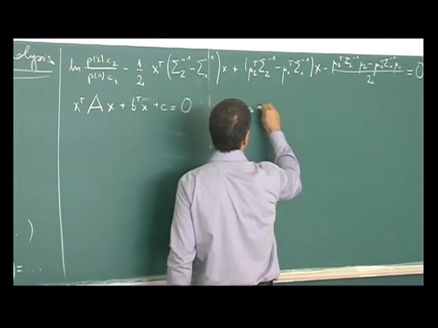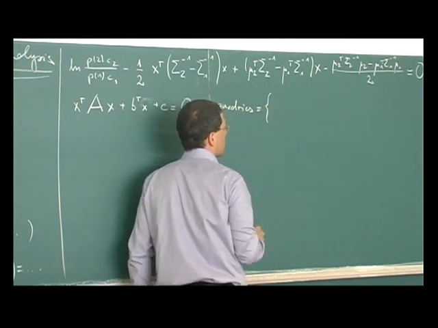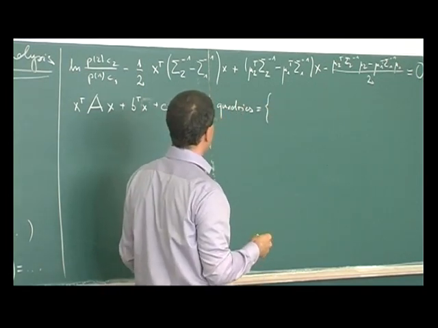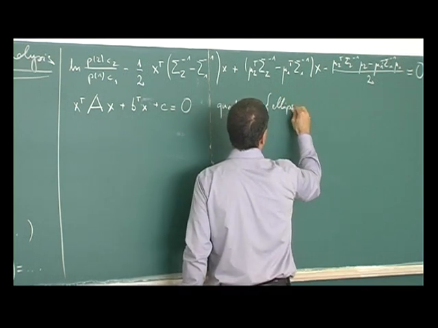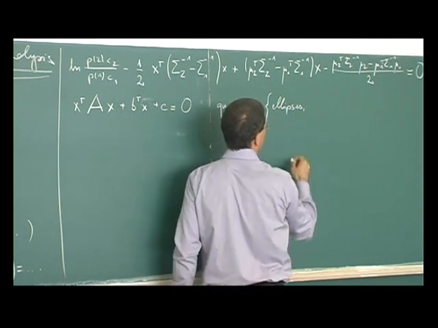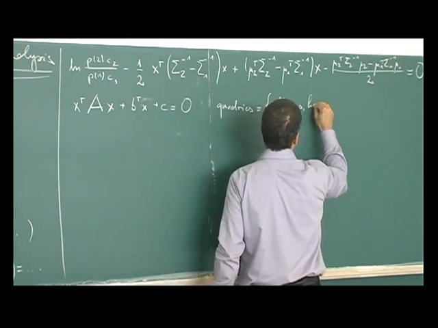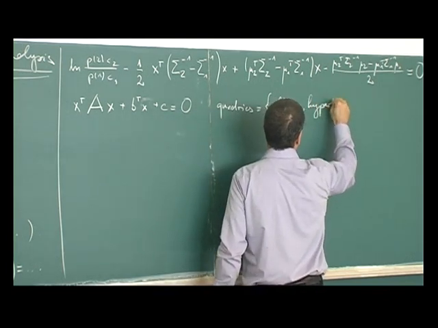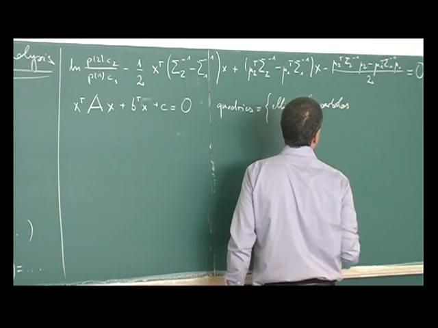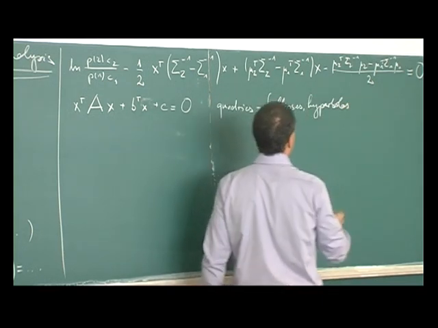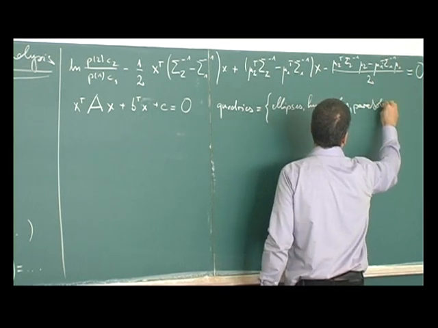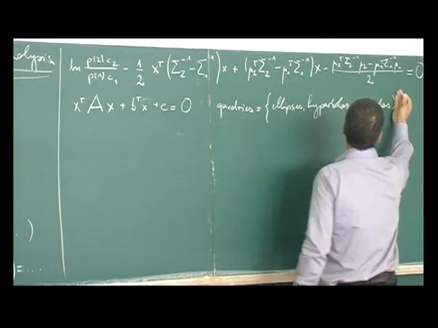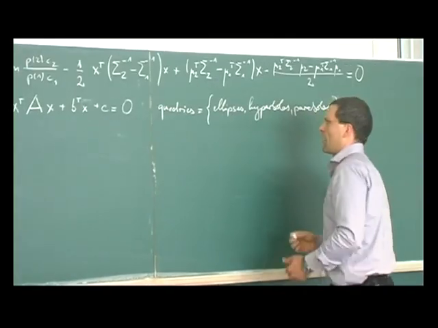And quadrics, well, this is a set of bilinear functions. This comprises ellipses as the most prominent members and hyperbolas, parabolas, and parallel lines too, I think.